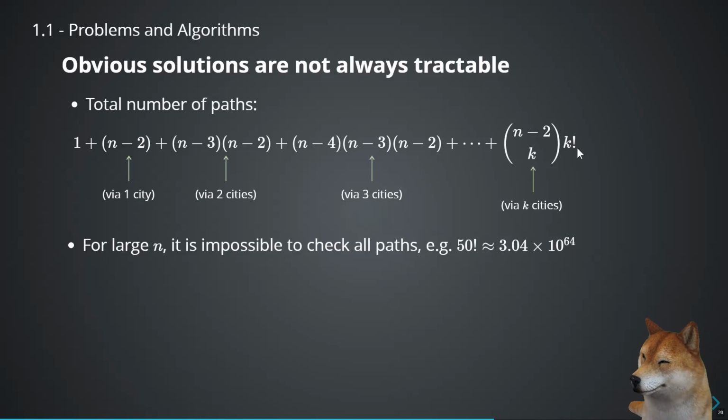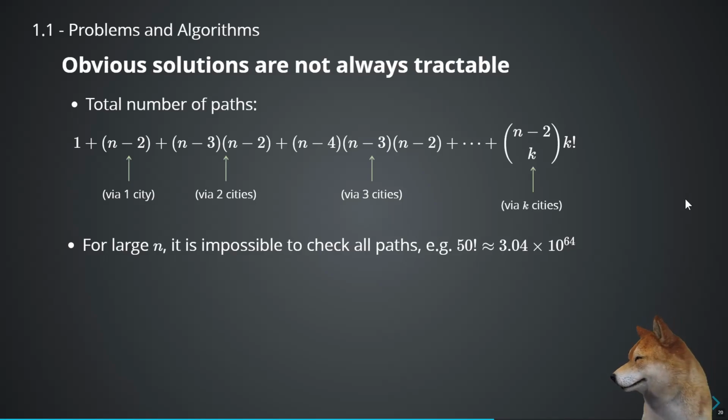I hope you know what factorial is. If you're still a bit weak on the mathematics side, you can look at the appendix of CLRS, the textbook. In appendices A, B, and C, there's some mathematical background that you can pick up. We're going to talk about combinations and permutations a bit later on. But for now, at least you know what factorial is, I hope.